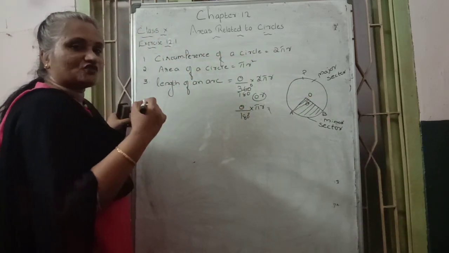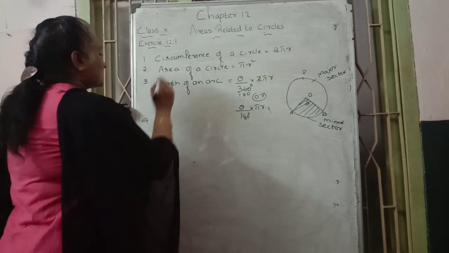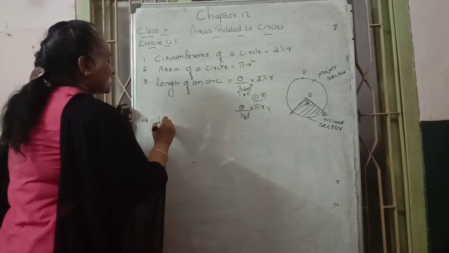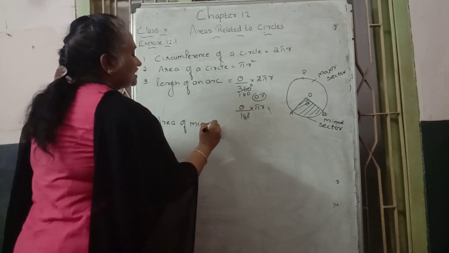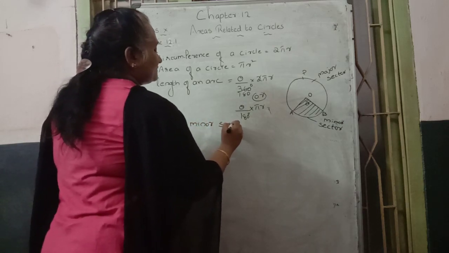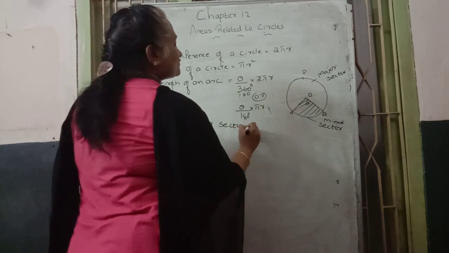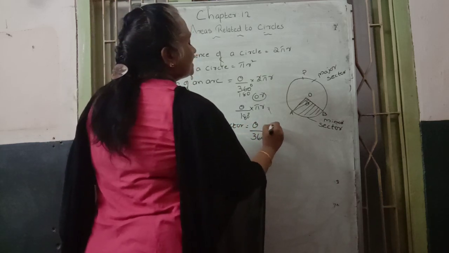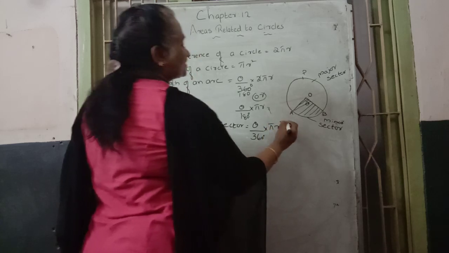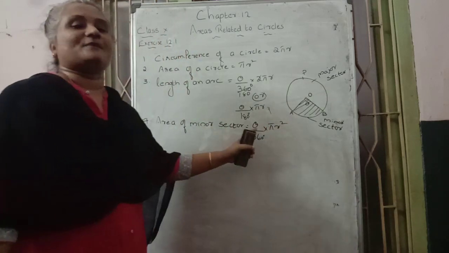So the area of the minor sector is theta by 360 degrees into the area of the circle, pi r square.